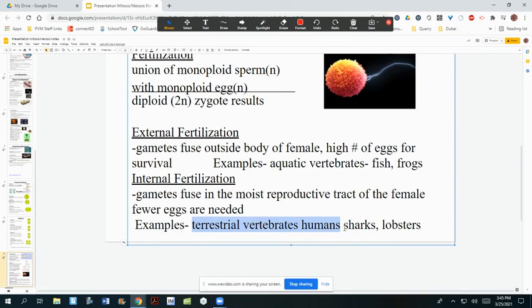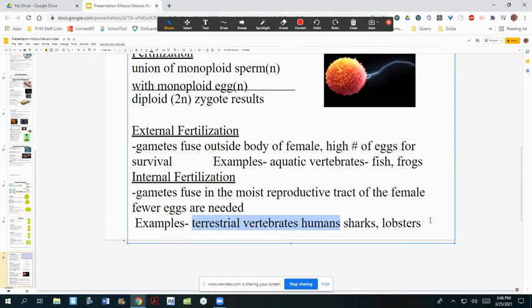But there are other organisms that do internal fertilization that are not highly developed. Even some of the insects do internal fertilization. The only other thing that's really relevant to talk about is where the organism's offspring develops. So you get a comparison of internal development, like mammals: the female grows the baby inside of her body.